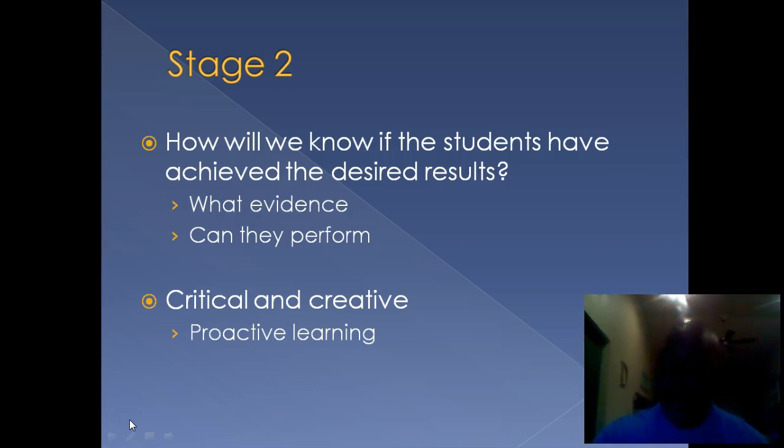Stage two, as I said, there were three stages. Stage two is determining assessment evidence. Backwards design encourages us and curriculum planners, just as we're doing here, to first think like an assessor before designing specific units and lessons.